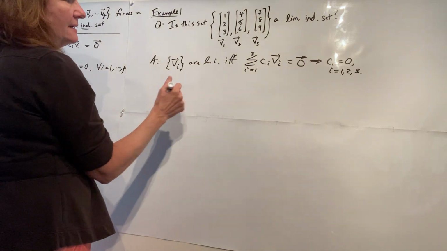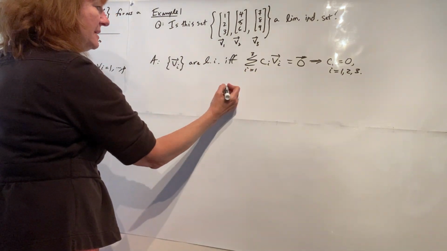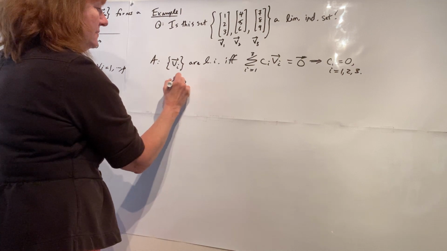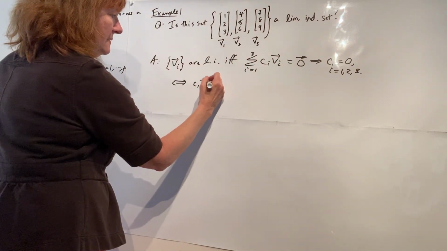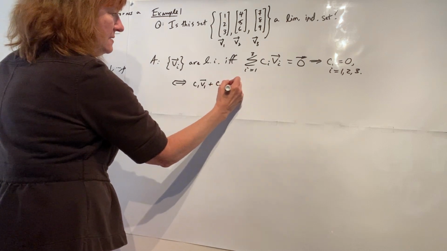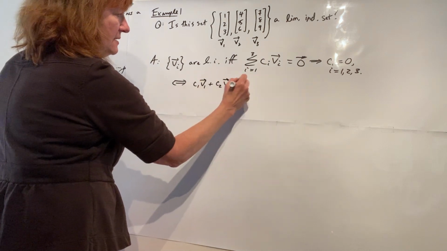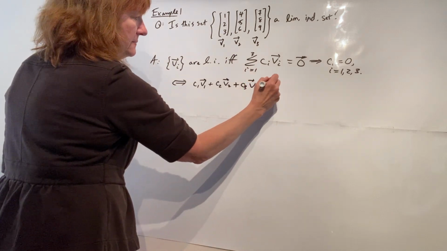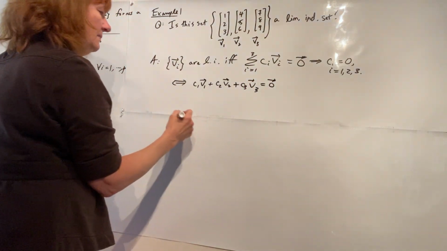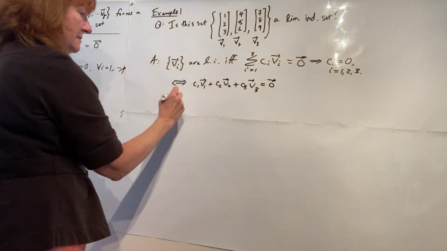Well, what does this look like? This statement here, let's write it out a little bit. That statement is equivalent, expanding the summation notation, C1 V1 plus C2 V2 plus C3 V3 is equal to the 0 vector. What does it look like in this example?